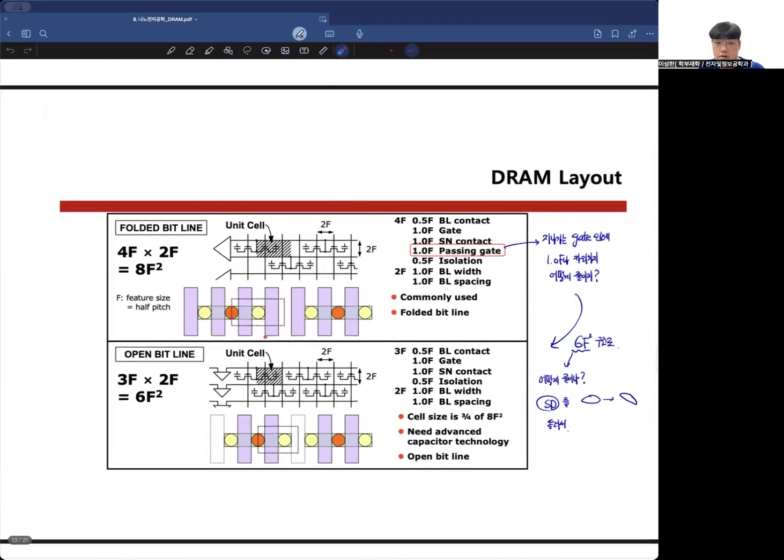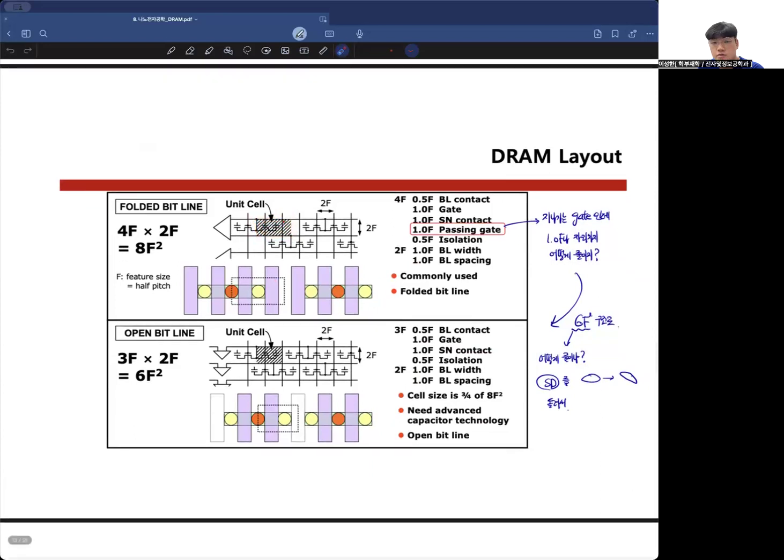And there is an 8F-squared shape and a 6F-squared shape. We define the unit cell of the 8F-squared: the width is 4F and the length is 2F. But this area is much bigger than we need, so we should reduce it.